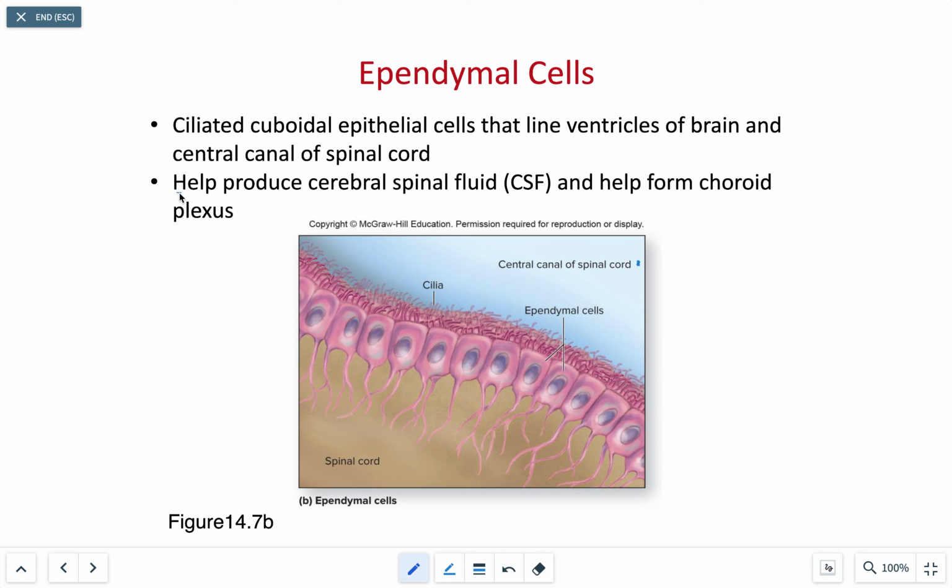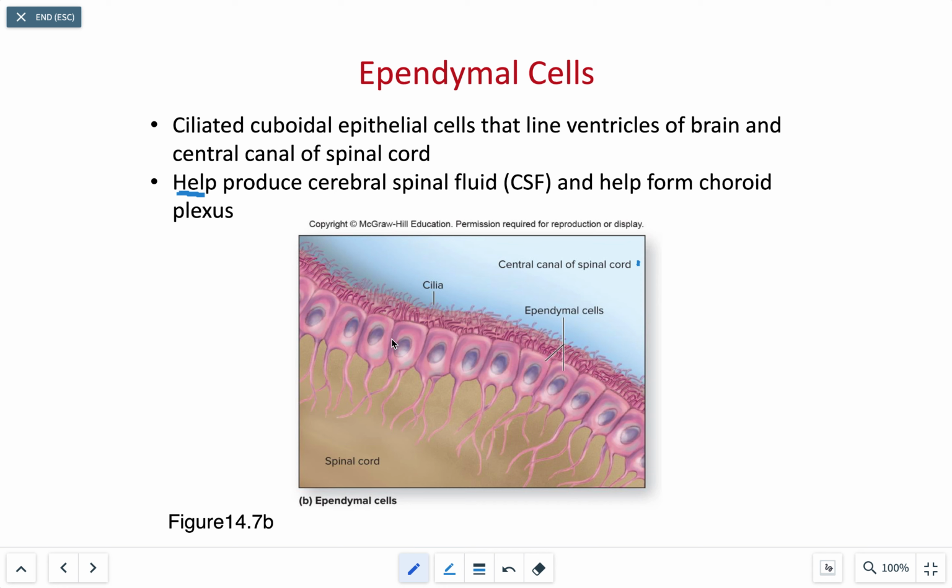They help produce cerebral spinal fluid, and we'll go through that in the lecture on the brain. Cerebral spinal fluid is important because it needs to circulate continuously. It also provides a protective cushion, and it helps dissolve gases, nutrients, and waste.